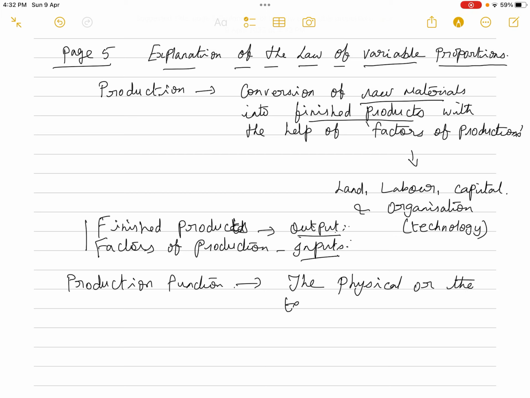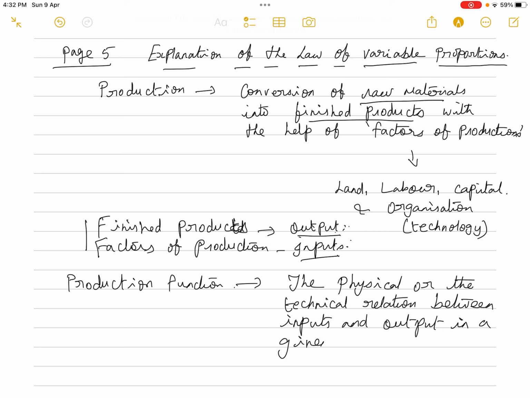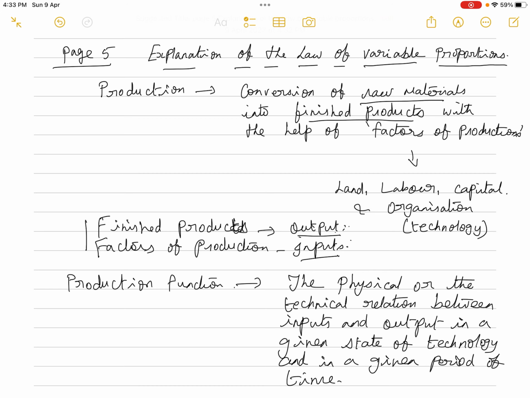The production function is the physical or the technical relation between input and output, in a given state of technology and in a given period of time.